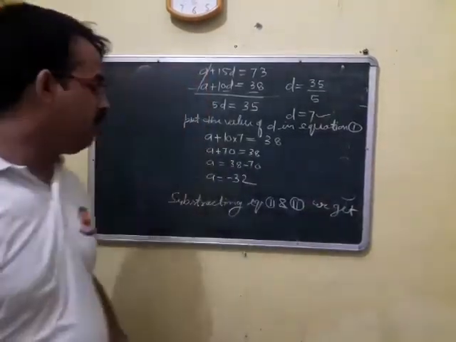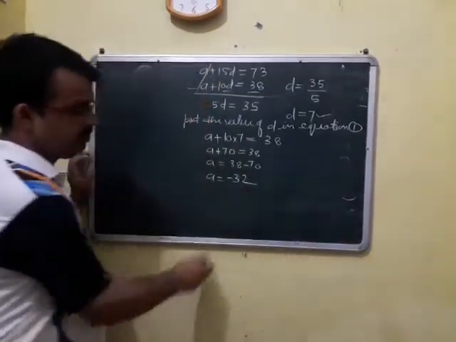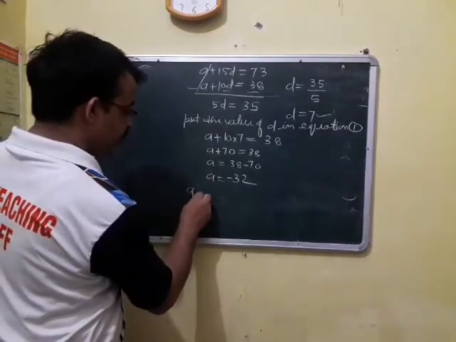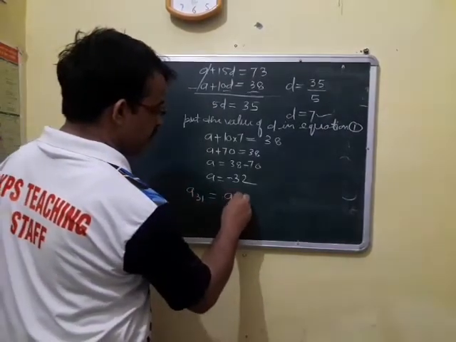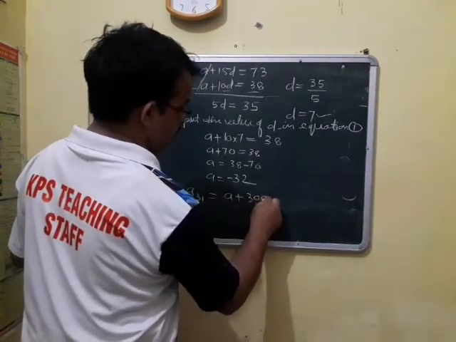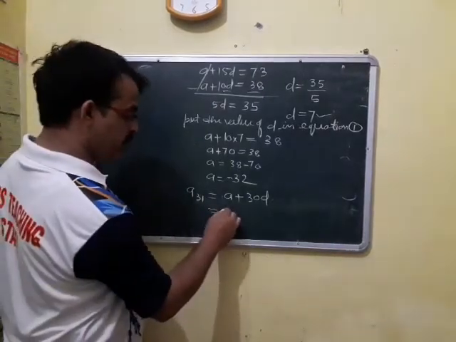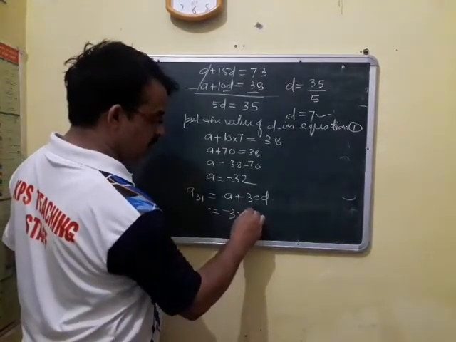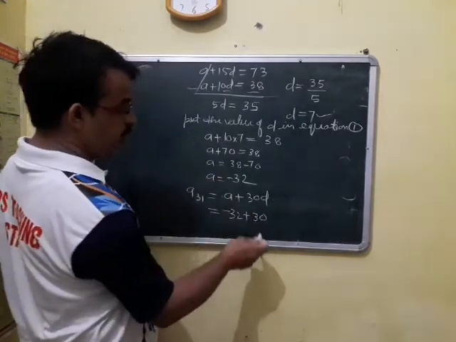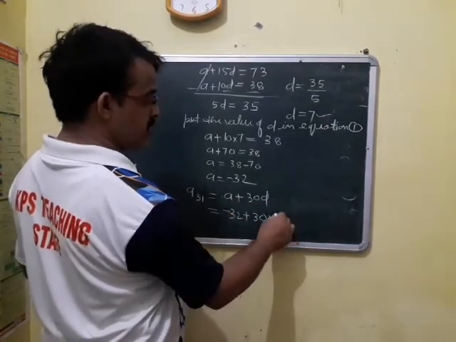So find the 31st term here. The 31st term is a plus 30d. So a is given as minus 32, plus 30 into d's value, which is 7.